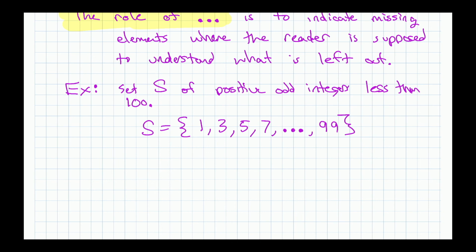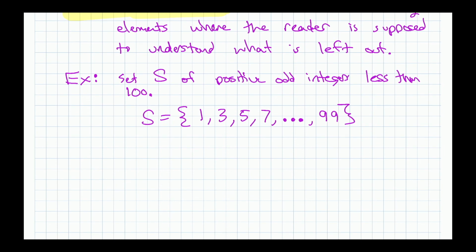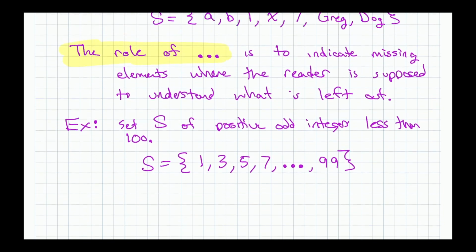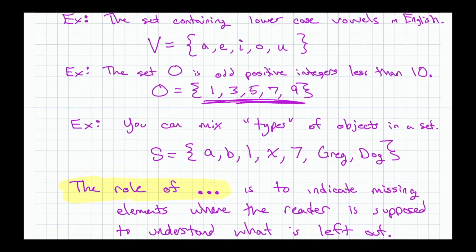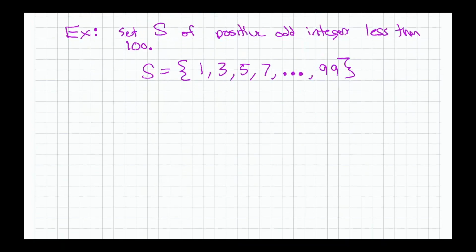Okay, and so somebody reading this is supposed to realize that all of the odd numbers are supposed to be where that dot, dot, dot is. So that's a shortcut there. You'll see that it's pretty simple. And that's the roster method, right? We're just listing out sets by listing everything in the set, even if we have to leave some of them out, by writing dot dot dot.